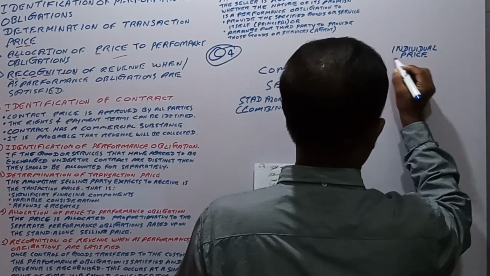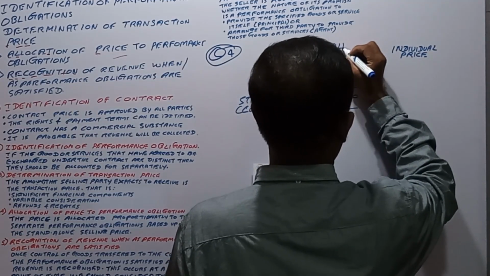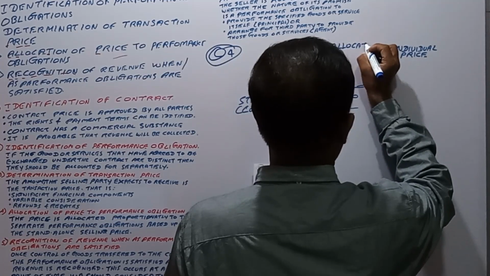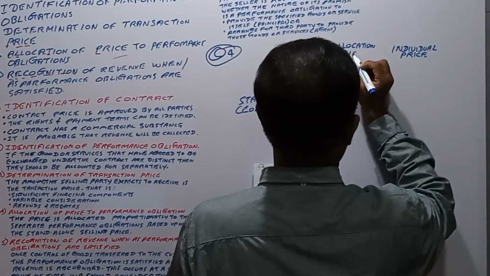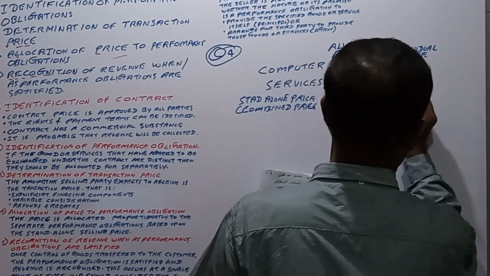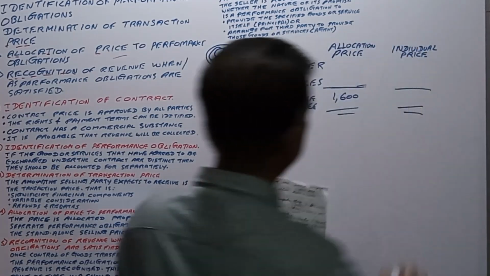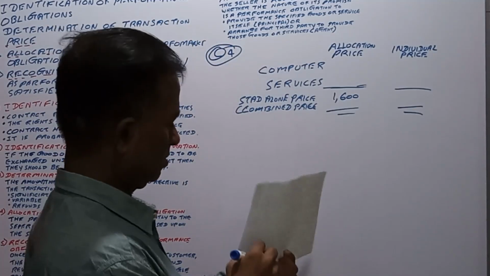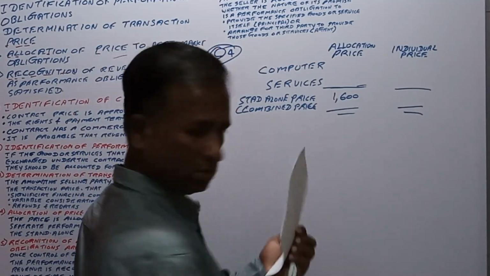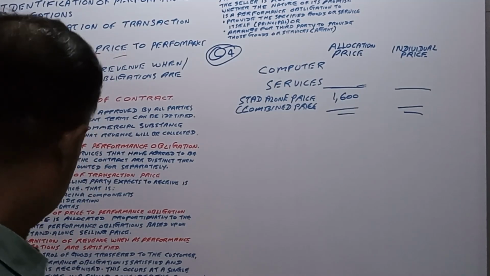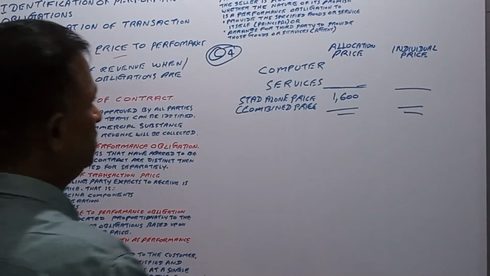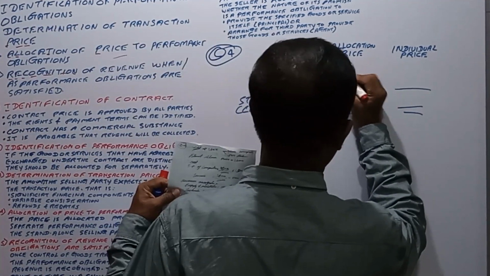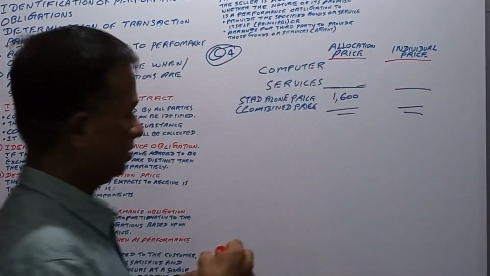This is the allocation price, this is the individual price.